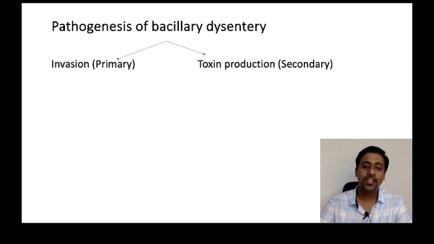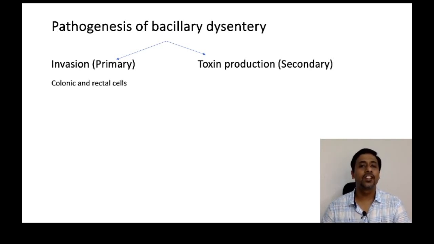They invade the colonic and rectal cells, and they penetrate the M cells present on the follicle-associated epithelium, FAE, which covers the mucosa-associated lymphoid tissue, that is Peyer's patches.